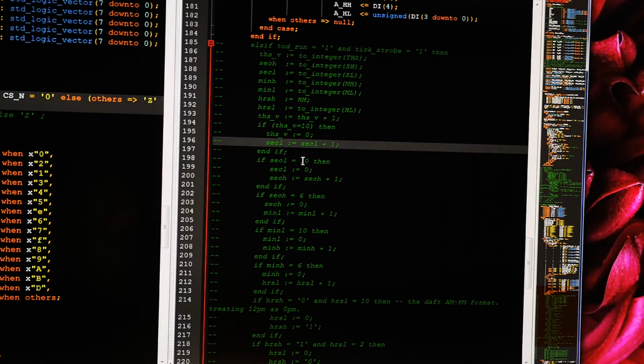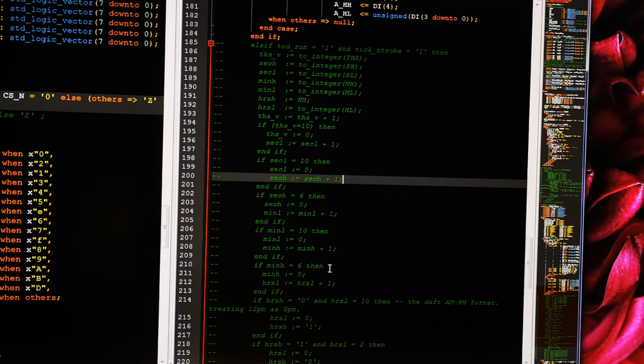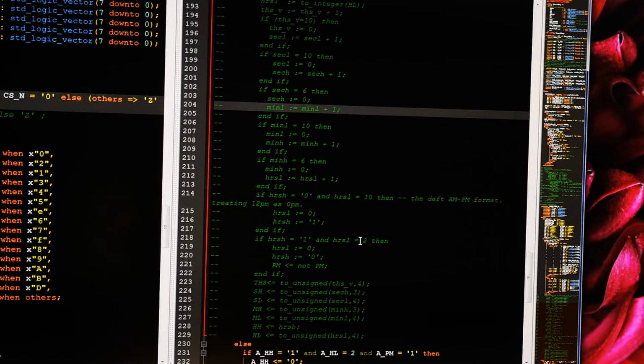When seconds are 10, you put it back to 0, and then you roll to the next, the 10th of the seconds. If that 10th goes to 60 or 6, then you set it back to 0 and increment the next, and so on.